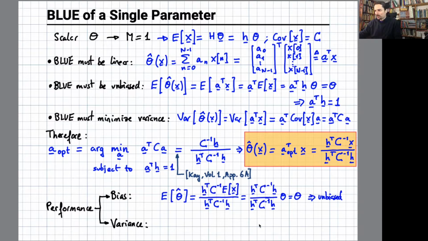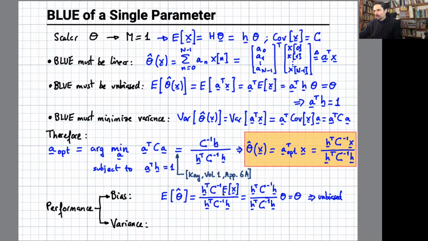So we can just take the expectation of theta hat, and by this expression it will be given by this, right? So this expectation enters here, okay?